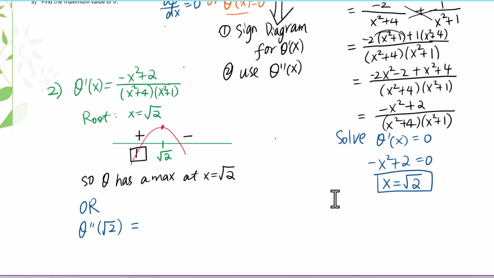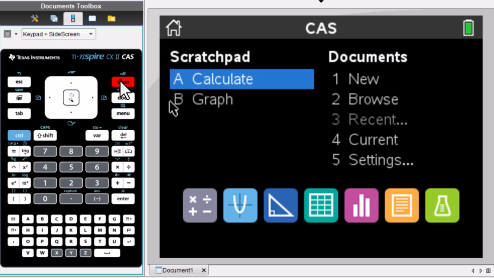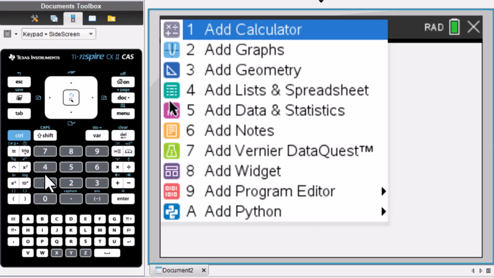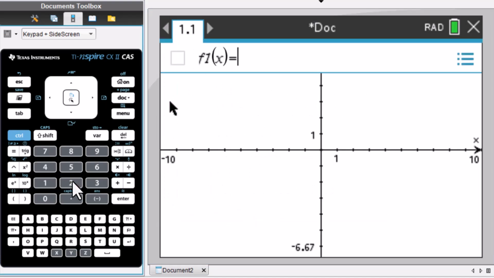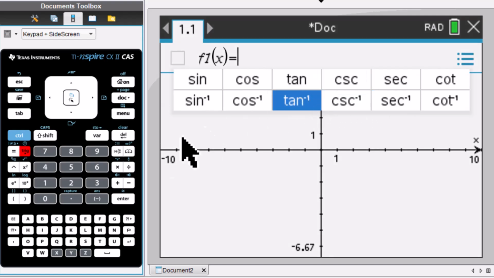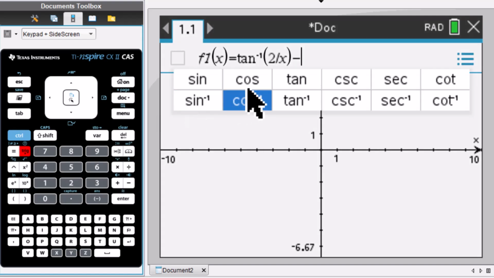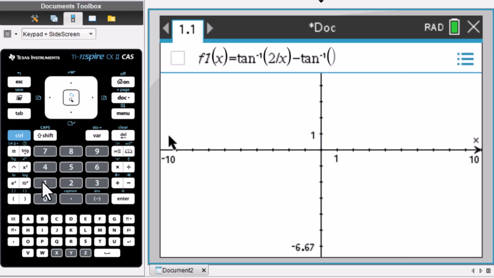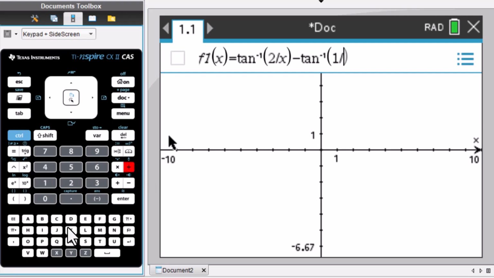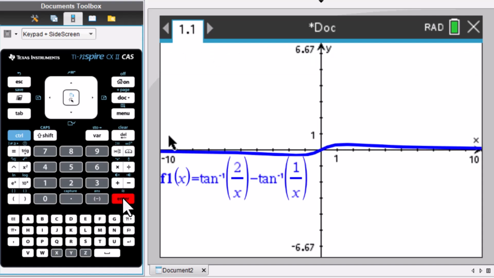Go to the calculator, click on 1, then go to graph 2. f1 of x equals arctangent 2 divided by x minus arctangent 1 divided by x. Enter. We got this graph.